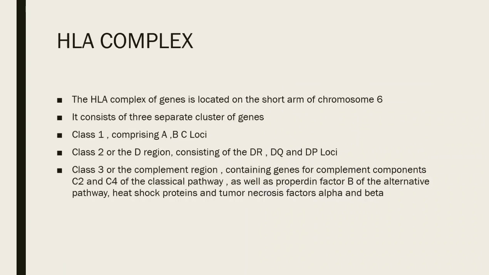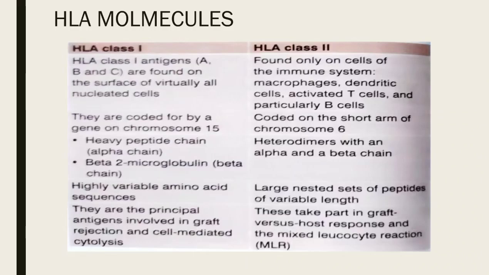And class 3, or the complement region, contains genes for complement components C2 and C4 of the classical pathway, as well as properdin factor B of the alternative pathway, heat shock proteins and tumor necrosis factors alpha and beta.